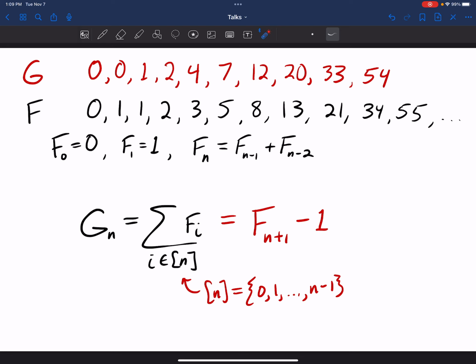And we can see that I just drop 1 and I reduce the index by 1. So 8 minus 1 is 7, 13 minus 1 is 12, 21 minus 1 is 20, etc. And so I might have just written this down and observed this pattern, that there seems to be this relationship as we go.